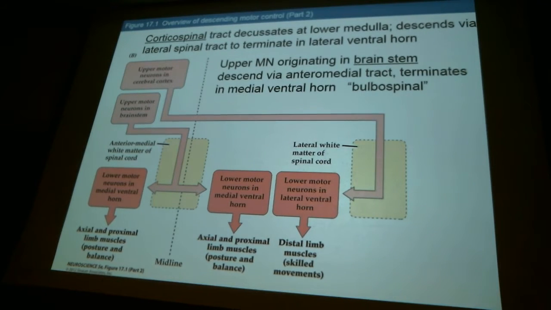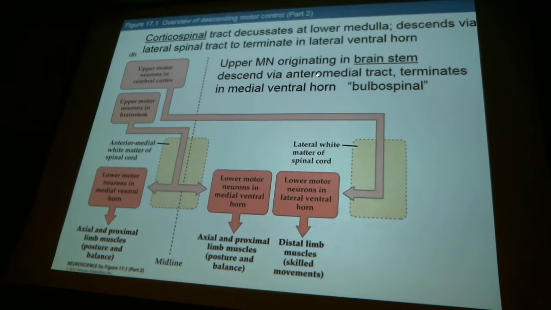The brainstem neurons travel in a different tract. So they're distinct systems. And this tract is called the anterior medial tract. Okay, so the corticospinal tract takes the lateral tract to the lateral ventral horn. The upper motor neurons in the brainstem take the anterior medial tract and terminate in the medial ventral horn.